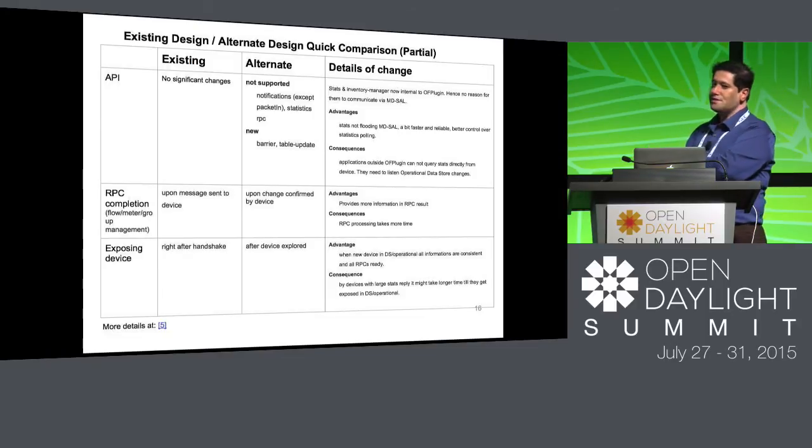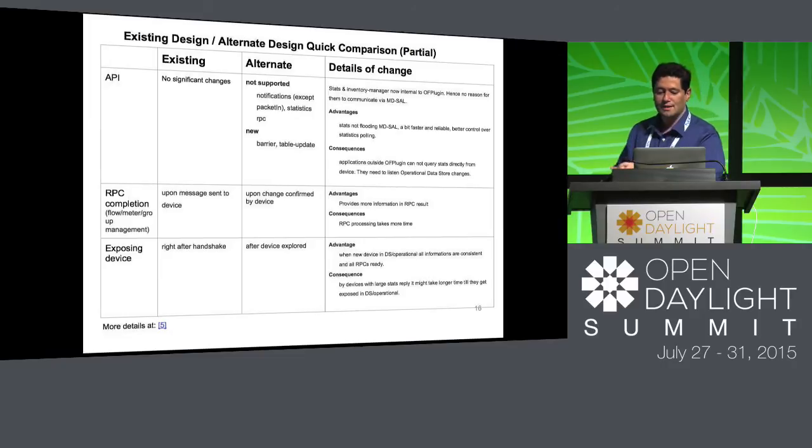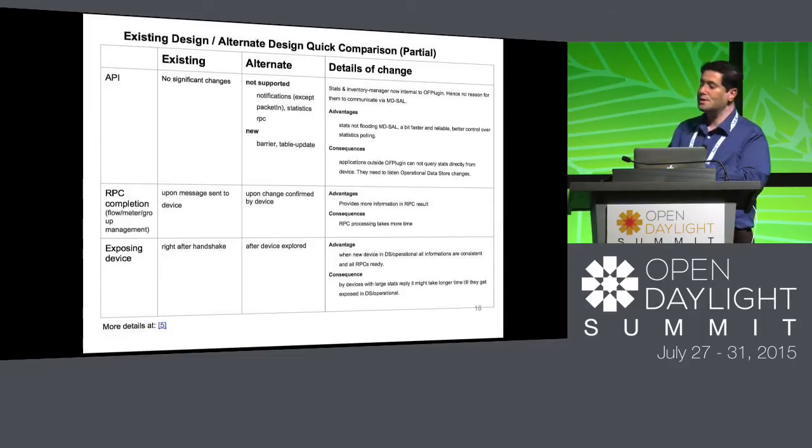The advantage for this is that when it's there in the operational data store, all the information is consistent and the RPCs are ready. But the consequence is that for a device with a large stats reply, it might take a little longer to get exposed into the operational data store. But again, this is a trade-off that might be worth it in many cases.